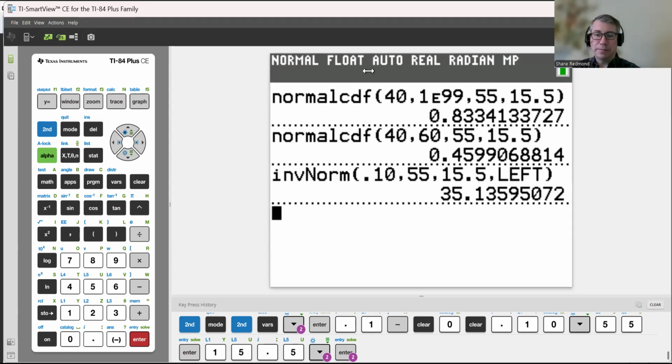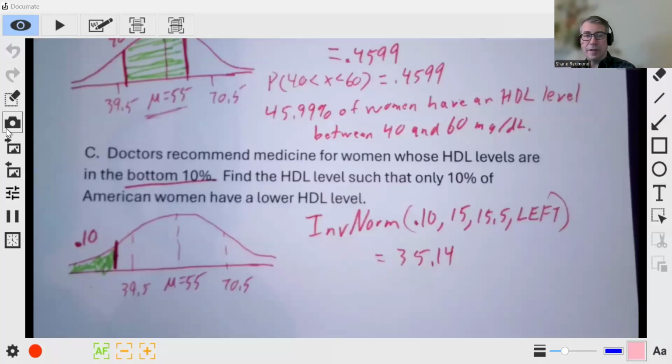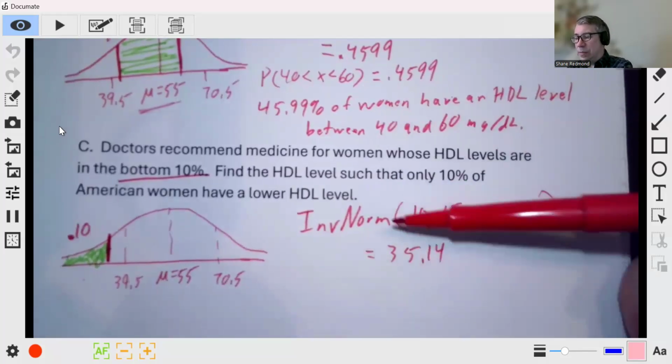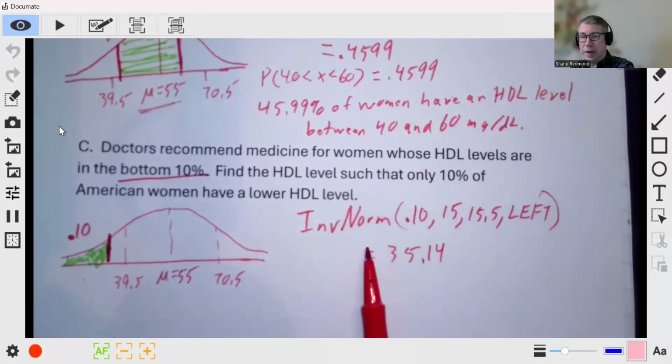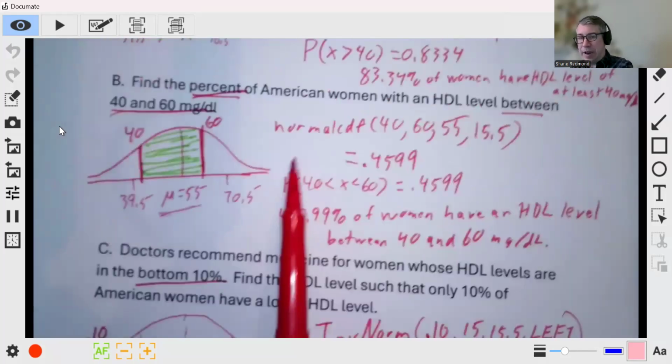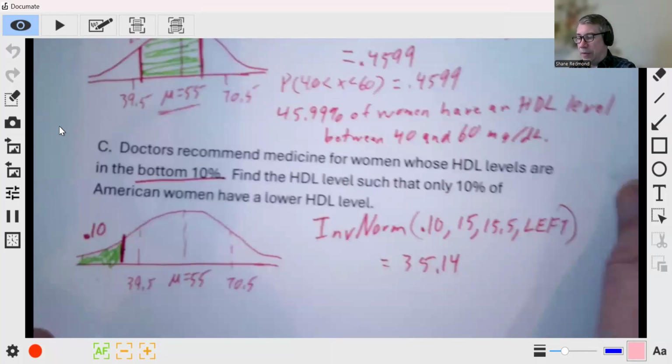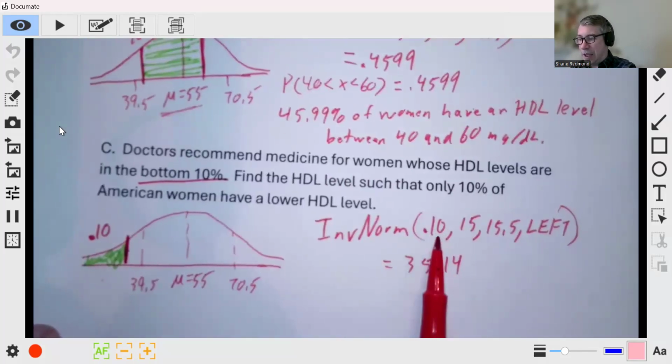Let's go back to our paper to show you how I would expect this to be answered on an exam or assignment. You are going to tell me which command you're using. So instead of normal CDF, like the last problems, you're telling me you're using the inverse norm with all the values, the area or proportion.